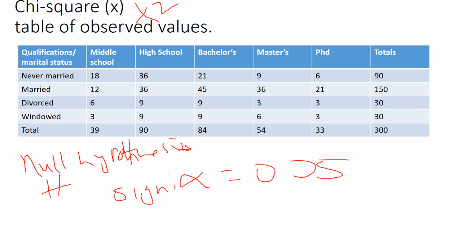So that is what we are going to compare with after we get our chi-square, after we compute the expected values, so that we can identify if we reject the null hypothesis or we agree with the null hypothesis. So the first thing that we need to work out is the table of expected values. So let us calculate the table of expected values.